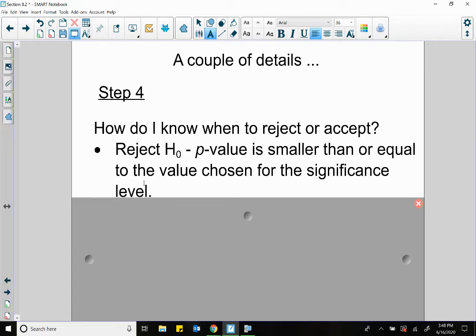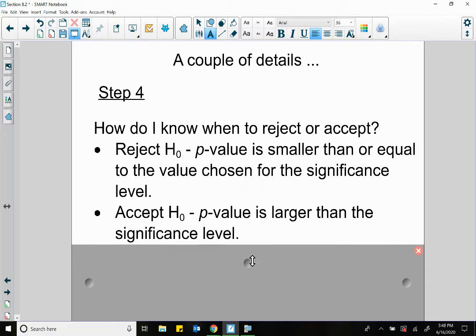This is why that significance level is spoken in part 2. We will accept the null hypothesis when the p-value is larger than the significance level.